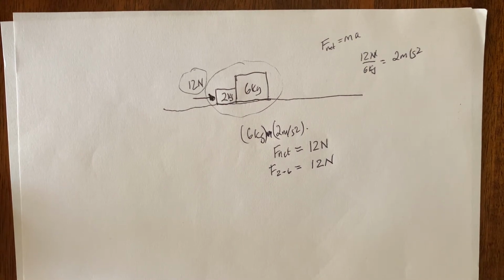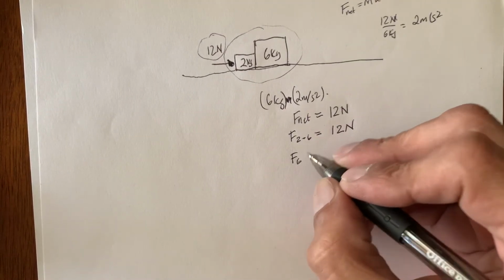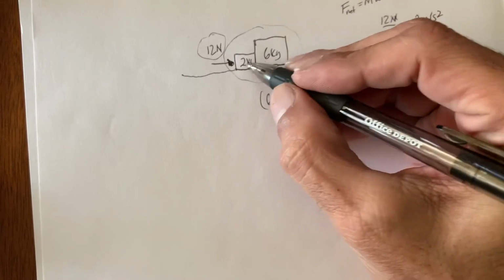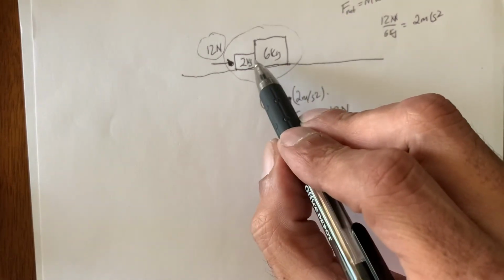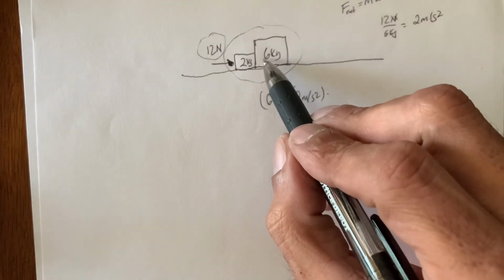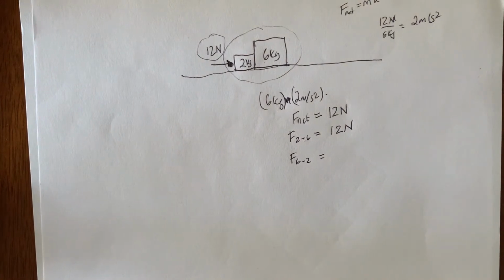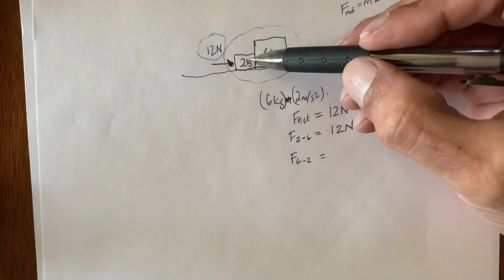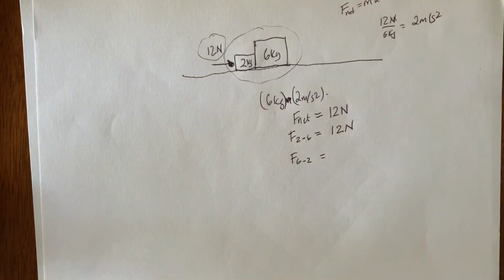A question that could be asked just as well is, what is the force that the 6 kg block pushes back onto the 2 kg block? It's asking just the opposite. If this is applying a force of 12 newtons here, what's the force that this guy applies back on there? At that point, I hope you want to reach out to Newton's third law, which tells you that the force that object A applies on object B is the same force that object B applies back on object A. Not only is it the same magnitude, it's opposite in direction, but it's the same kind of force.